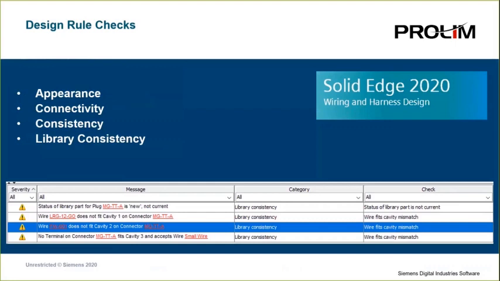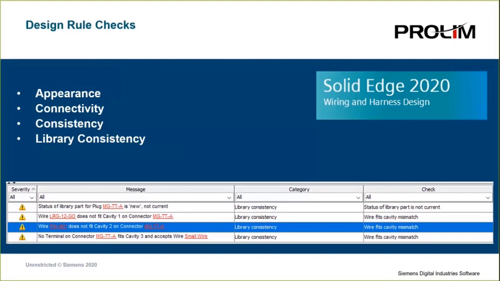The connectivity checks that are going on. Maybe we have connectors or devices that are left unconnected. Or maybe we have a wire that's not terminated at one end. And when the schematic sheets get very large, that's a real big help for us. Library consistency is a good one, making sure that we don't have any cavity count mismatches.